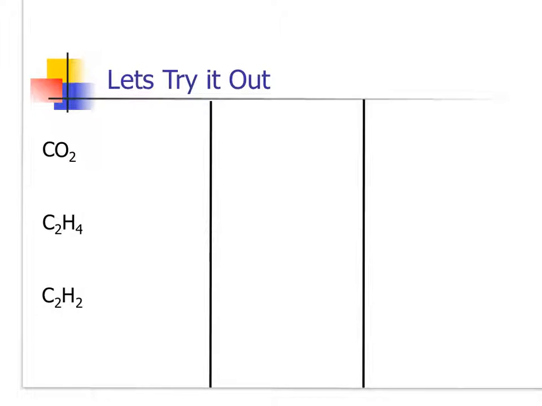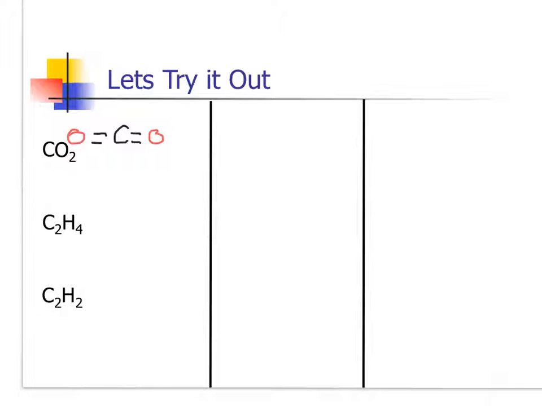So let's look at a few of those. When we look at these, we're trying to identify some of these bonds. Carbon is always my central atom. I'm going to start it a little bit at the top here so I don't get too crowded. I'm going to have my oxygen on each side here. You've built this one before, so it should come as no surprise what it looks like.